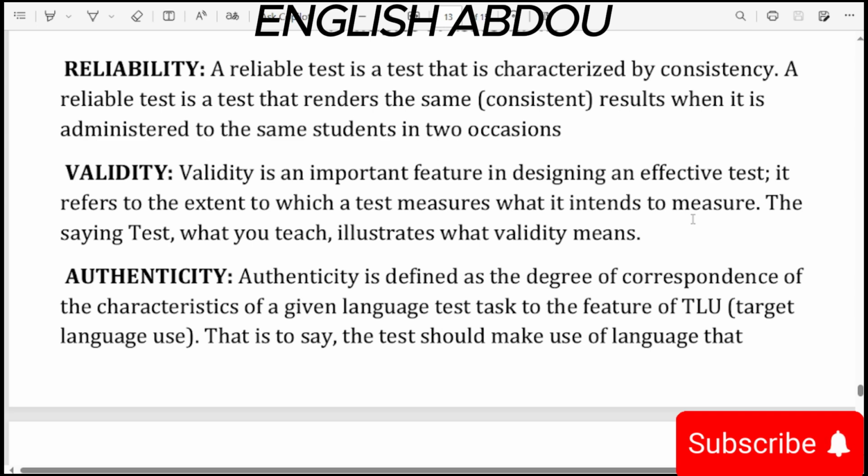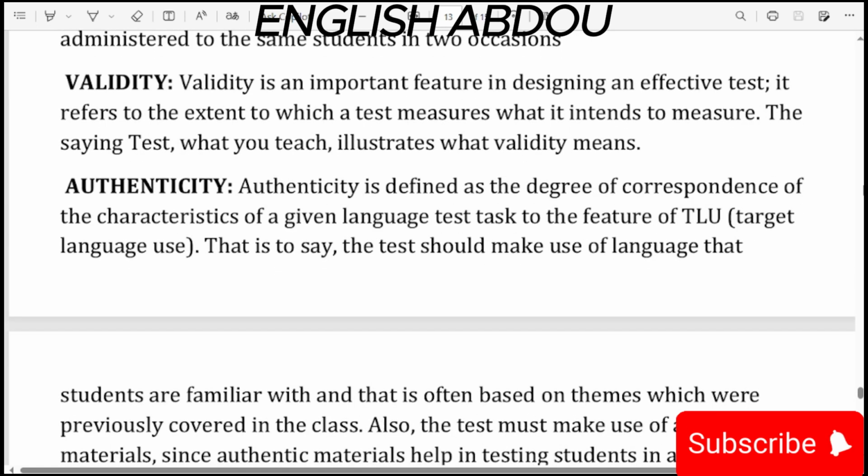What is very important is that what is explained in the class should be in the exam. That's all. Authenticity: the test should be authentic, corresponding the characteristics of a given language test task to the features of target language use.